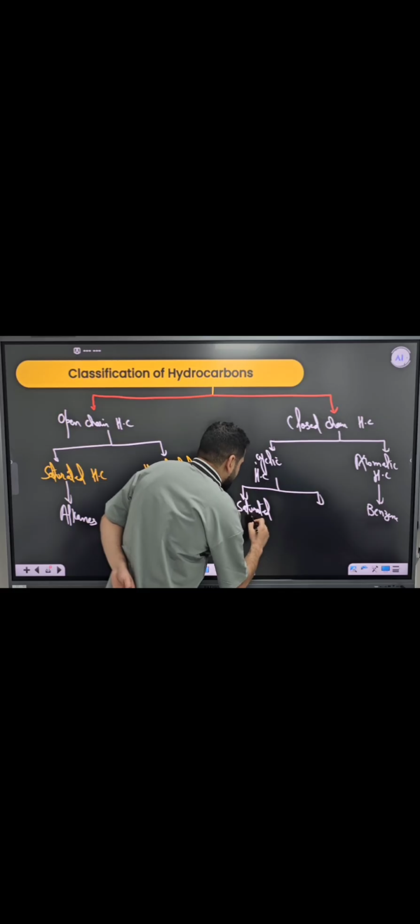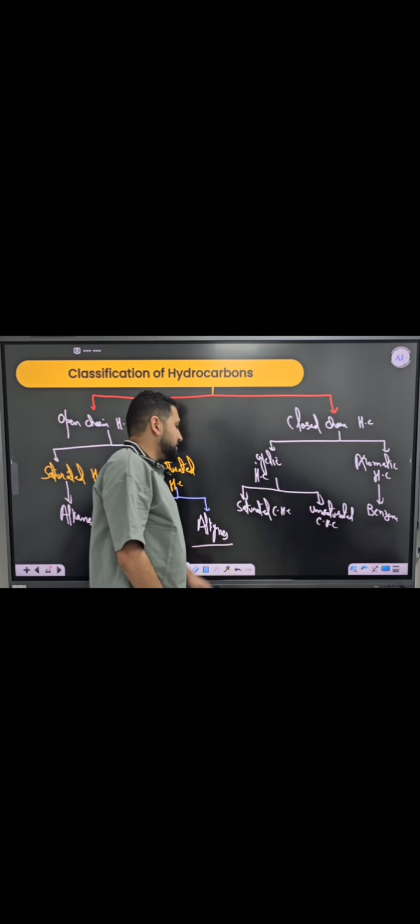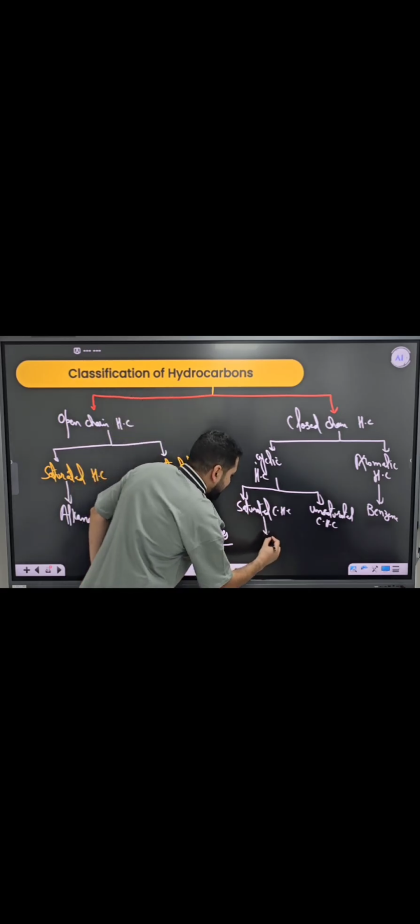Closed chain hydrocarbons, you can say cyclic hydrocarbons directly, are classified as cyclic hydrocarbons or aromatic hydrocarbons. Cyclic hydrocarbons you can classify as saturated cyclic hydrocarbons and unsaturated cyclic hydrocarbons, right?